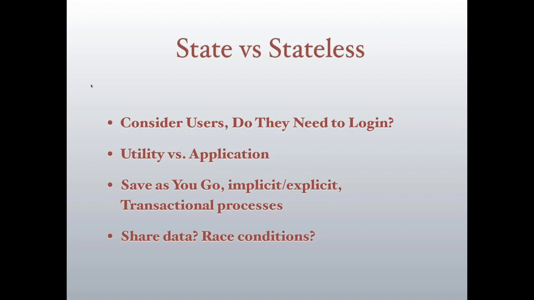It could be something more complex, like a development language emulator. If you go to a JavaScript emulator on the web, it's a utility. It doesn't have a state. It keeps up with the code you're typing into that page, but it's all within that page. Once you leave it, it probably doesn't care anymore. So that would be more of a utility.